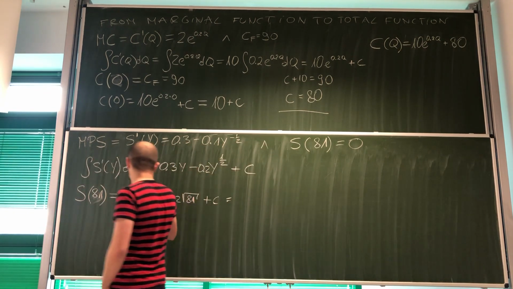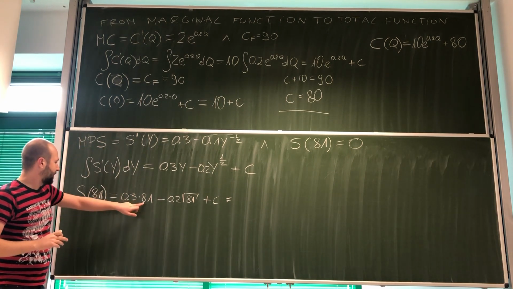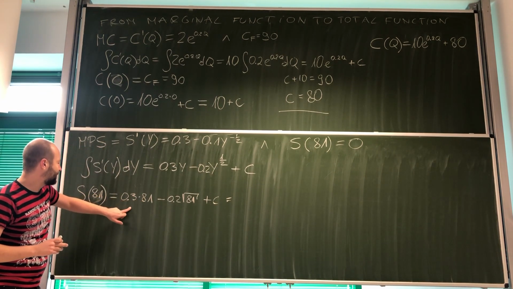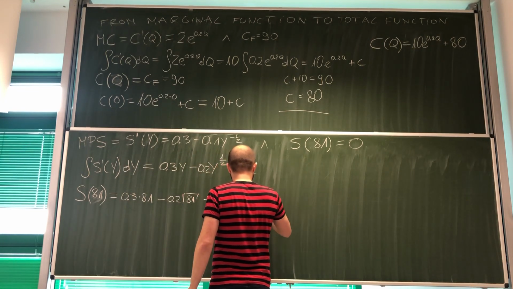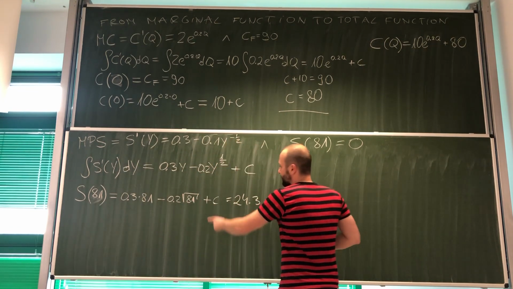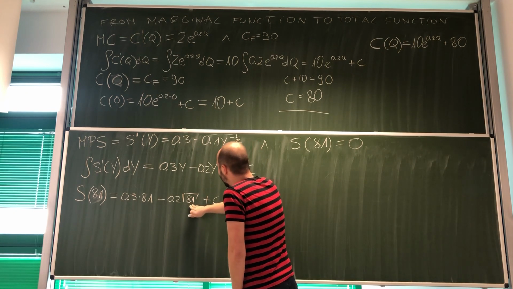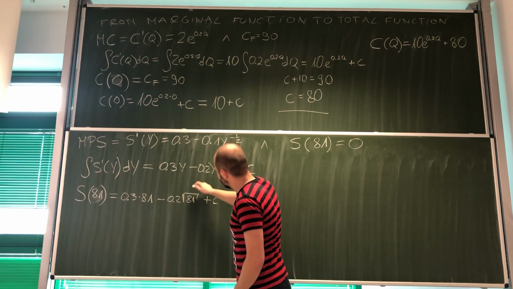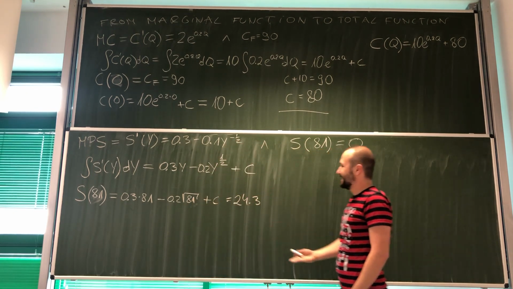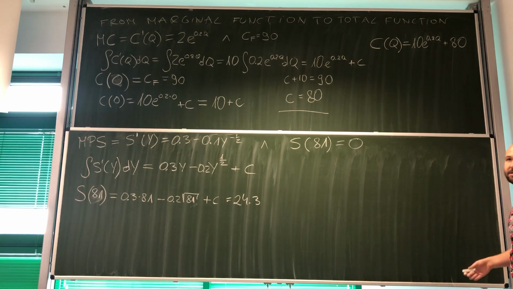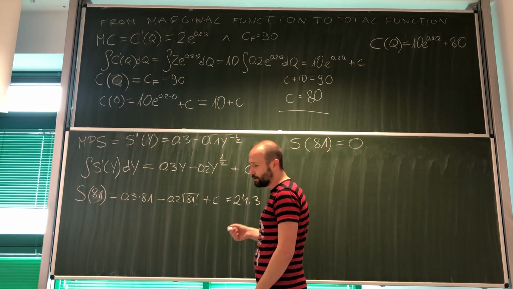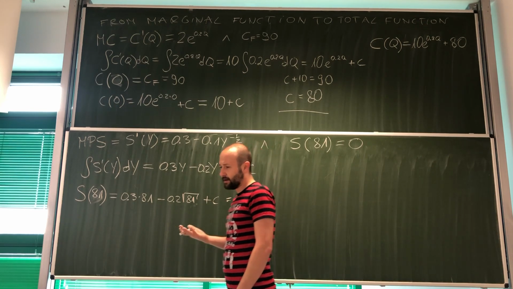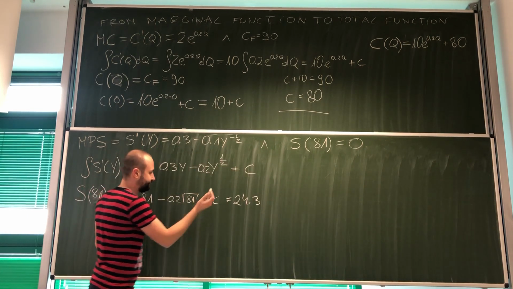Right, 0.3 times 81 is basically 8.1 times 3, so this is 24.3. Then over here we will have the square root of 81, of course, is 9, times 0.2 will give us 1.8.